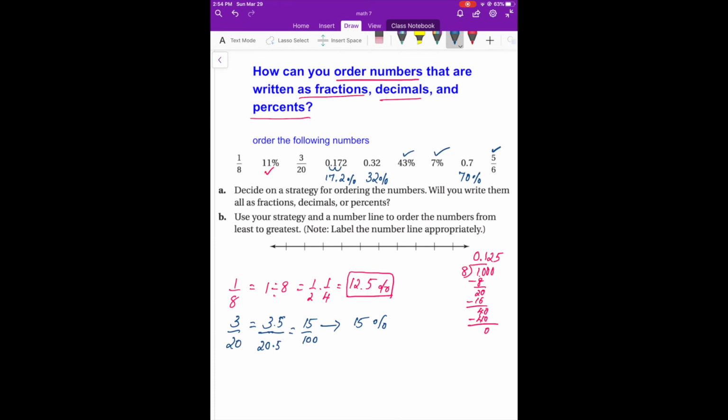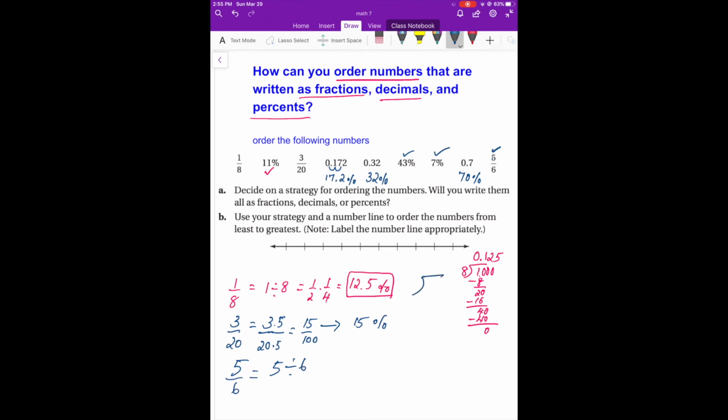5/6. 5/6 is also going to be very close to 1, because 6/6 is 1. So let's divide 5 by 6. 6 is not a multiple of 10, 100 or 1000, so you may have to use long division. So 5/6 is 5 divided by 6.